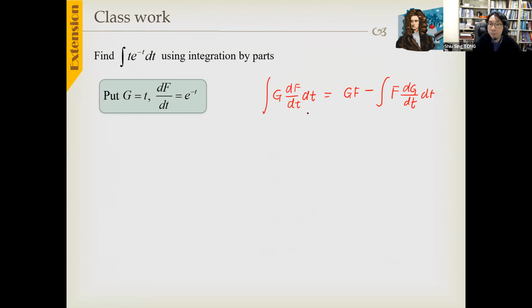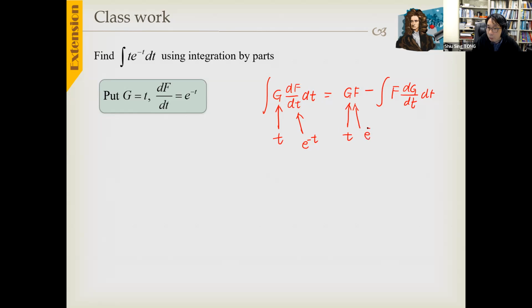That is the formula. Now in my mind, I have this to be t. Okay, and this is just e to the power minus t. So what is this? This is of course g equals t. What is f? If df/dt is e to the power minus t, then f is the integral of this.